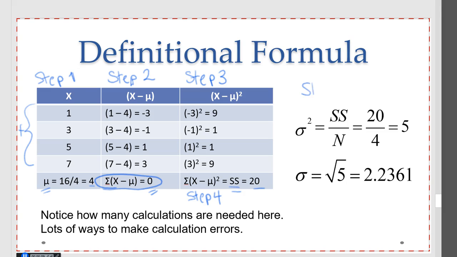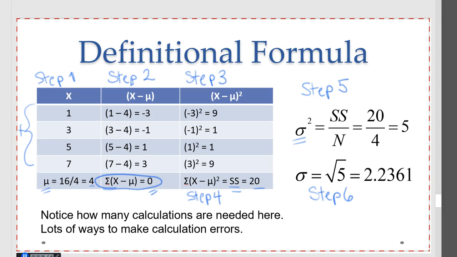Step 5. Divide the sum of squares by N, or nu. So we take 20 divided by 4 is equal to 5. This is our population variance, sigma squared. And finally, step 6, we take the square root of 5, and that equals 2.2361.